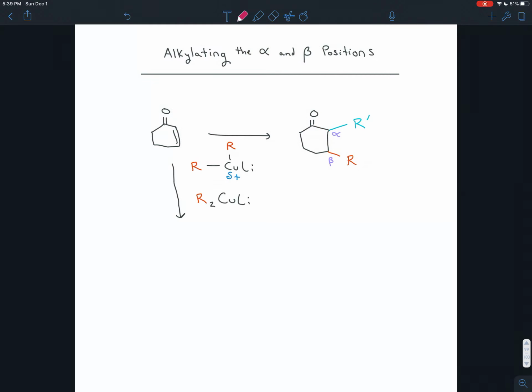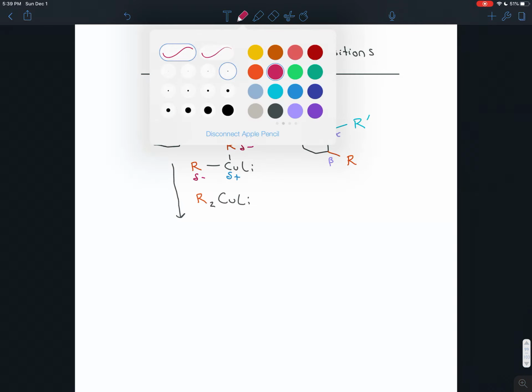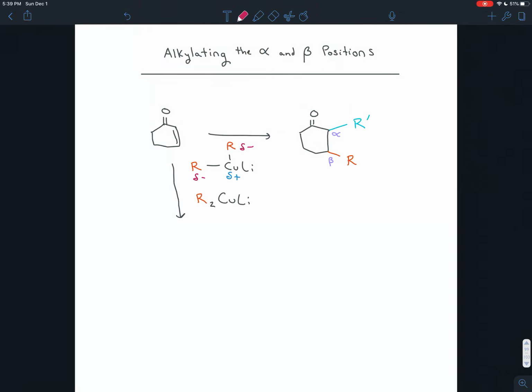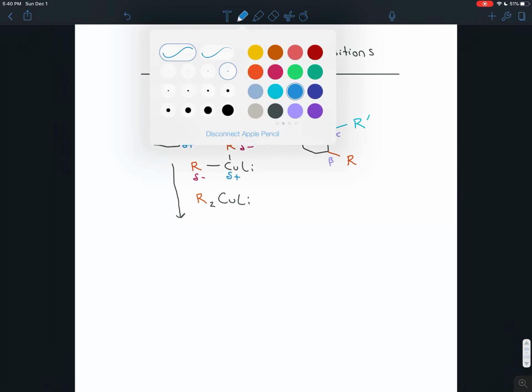And so it gives its electron density away to these carbon chains, which then become nucleophiles. But because the copper is a transition metal, not all the way to the left in the periodic table, it has a relatively high electronegativity for a metal. And so this bond is not as polar as, for example, in a Grignard reagent. And that makes these R groups nucleophiles, but weak nucleophiles. And weak nucleophiles prefer the electrophilic beta carbon to the carbonyl carbon, as we've seen before.